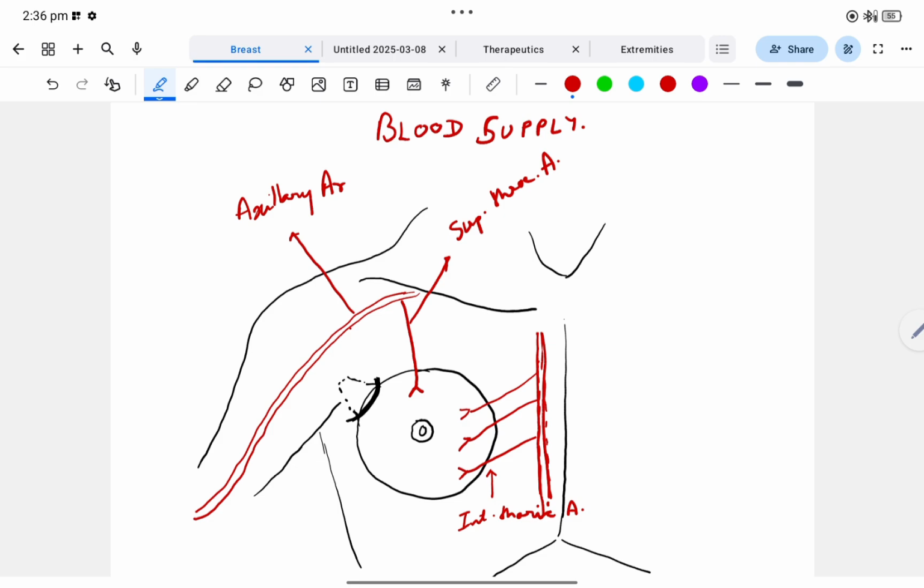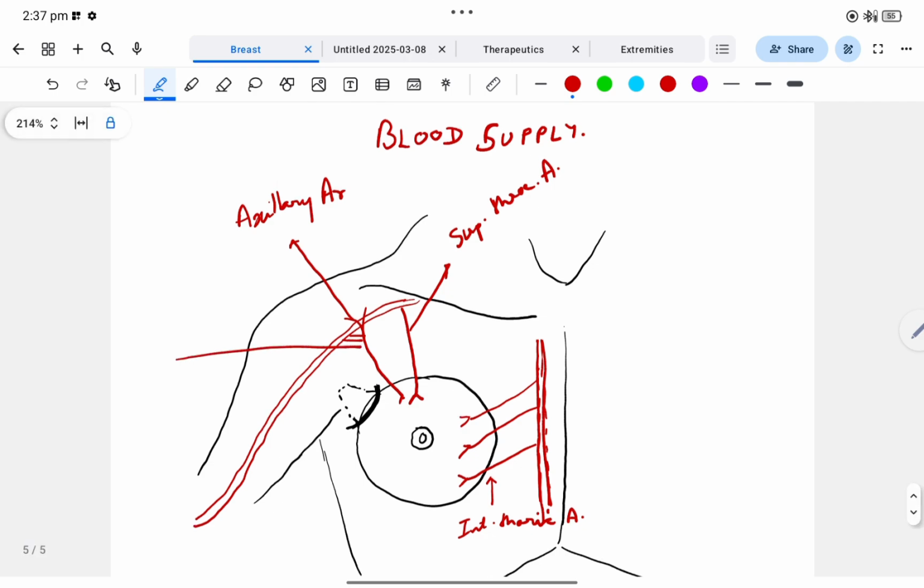Second branch arising is the acromiothoracic artery, which arises near the acromion process. This is the acromiothoracic artery.